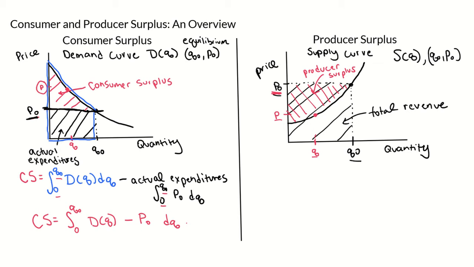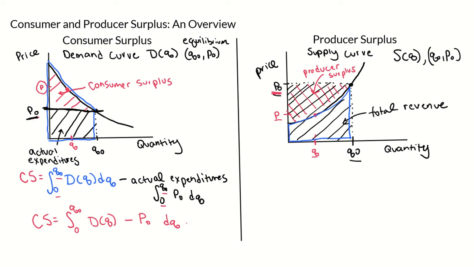And again, we're going to be able to calculate it using integrals. So we're also going to need this region here, which is just the area under the curve. So the total revenue is this whole rectangle that I've shaded dark. Producer surplus is the red, and then the area under the curve is the blue.